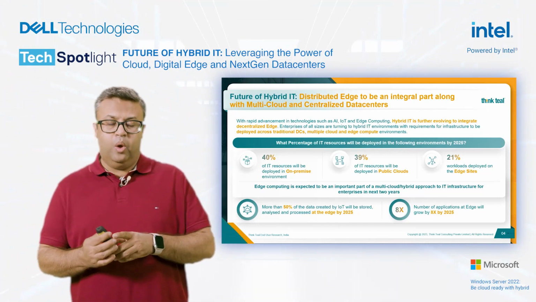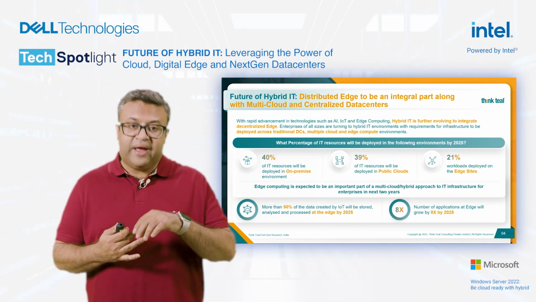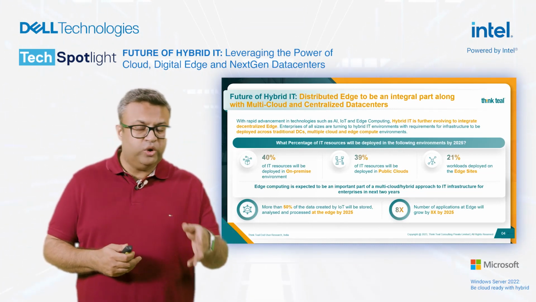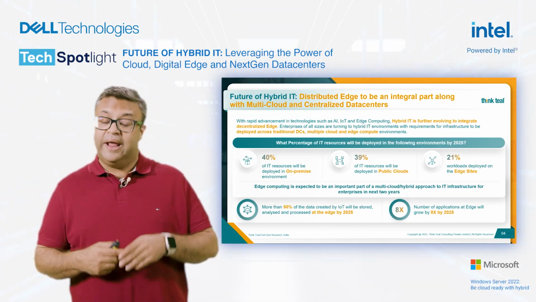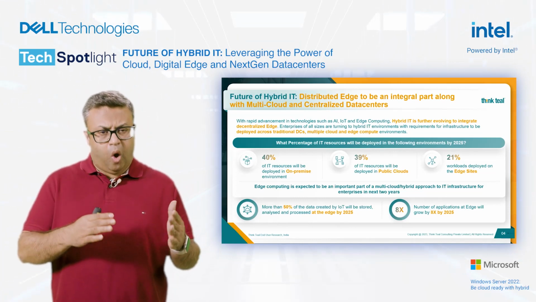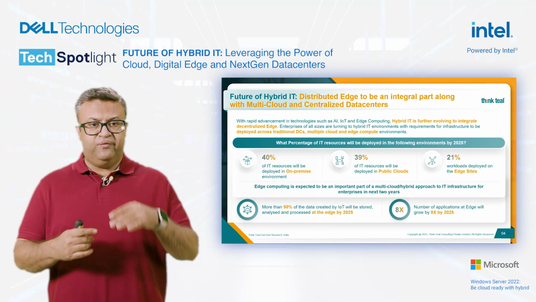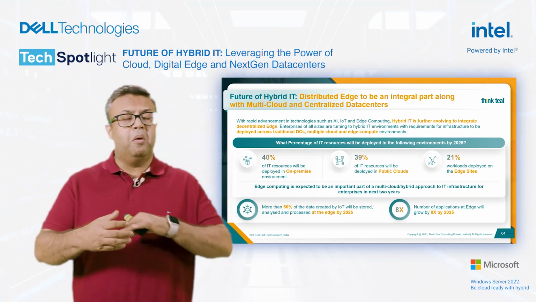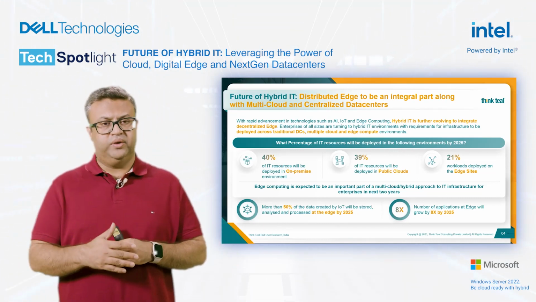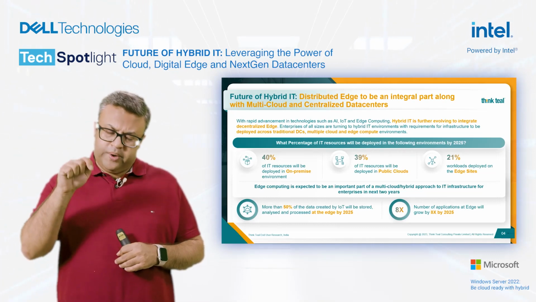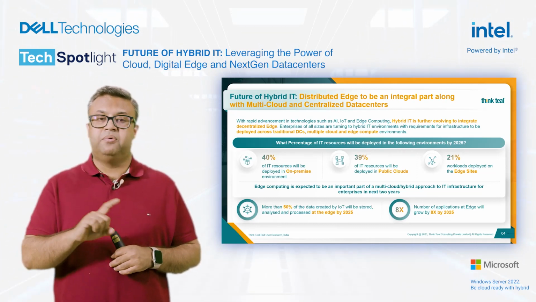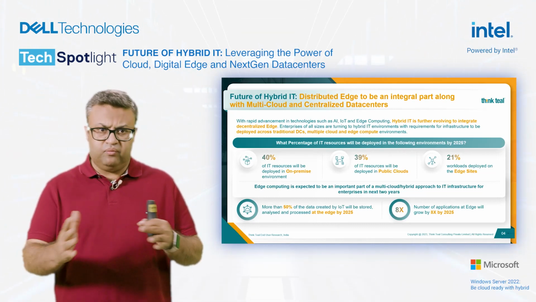We see with the advent of, say, 5G, IoT, edge site locations, all of this creates a convergence, and hence we see, for instance, more than 50% of the data which is created by IoT will be stored, analyzed and processed right at the edge, and this is near term.